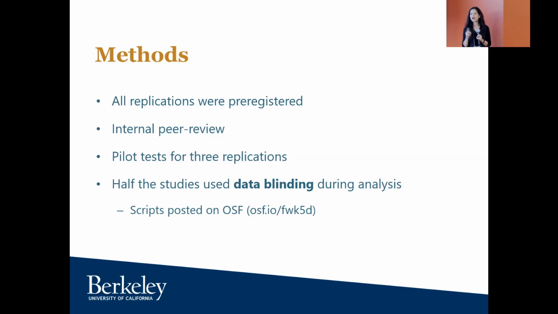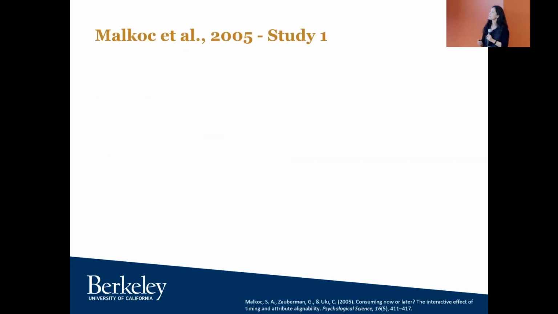In our case, our designs were pretty simple, so it was easy to do, but you can add random error to your values, or you can shuffle your independent variable labels and so on. This is an additional guardrail to pre-registration to make sure that we're not biasing our results in favor of a positive result. If you're interested, I'm happy to talk about it. It's a pretty cool technique, I think.